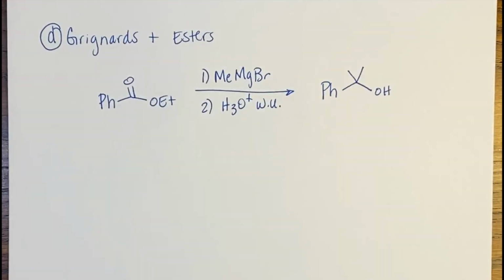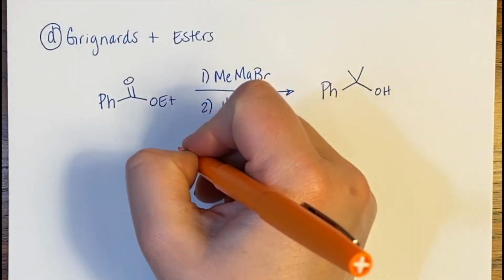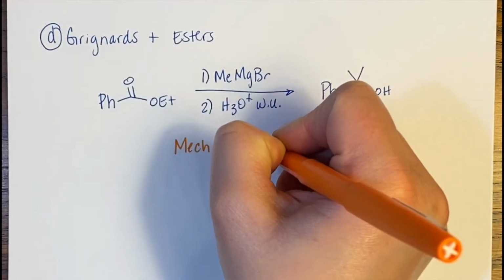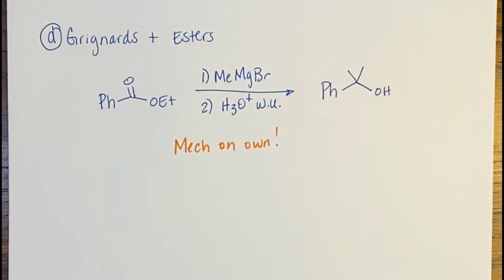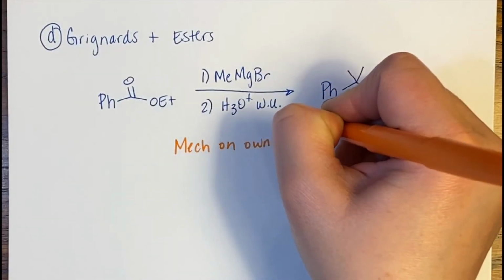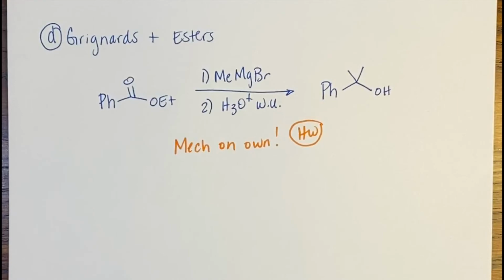Make sure that you can work through this mechanism on your own. This mechanism will be a part of your homework, so make sure you know how to work through this mechanism.